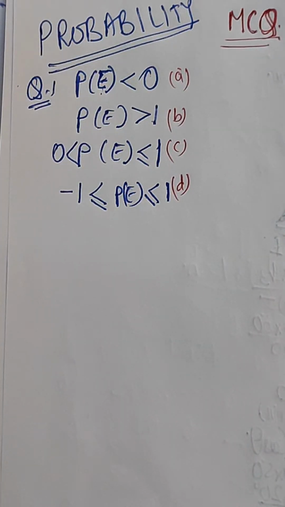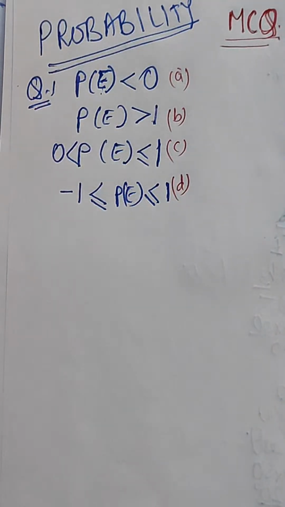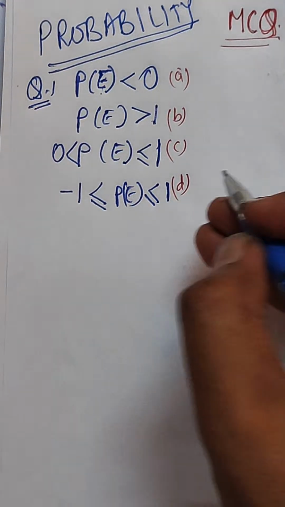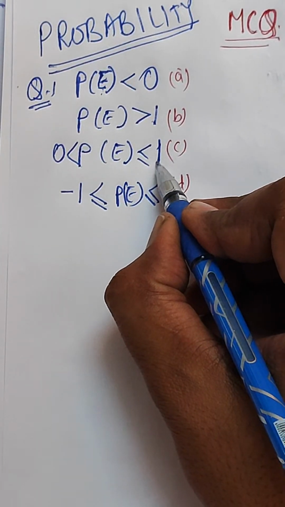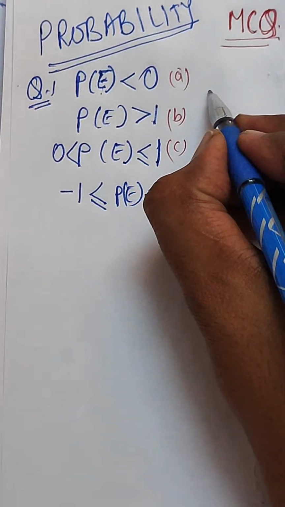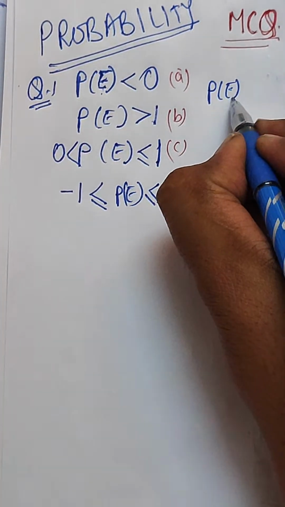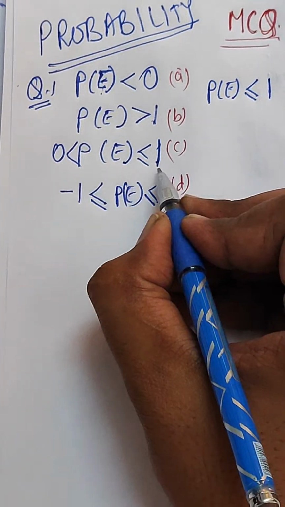So for any event, the maximum probability which can come for the desired outcome should be 1 maximum. So it can be less than 1, P of E can be less than or equal to 1. So this option is correct.